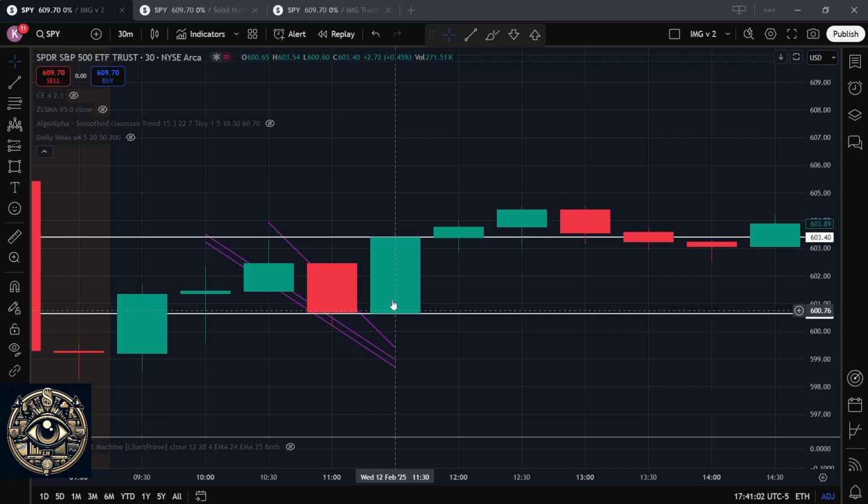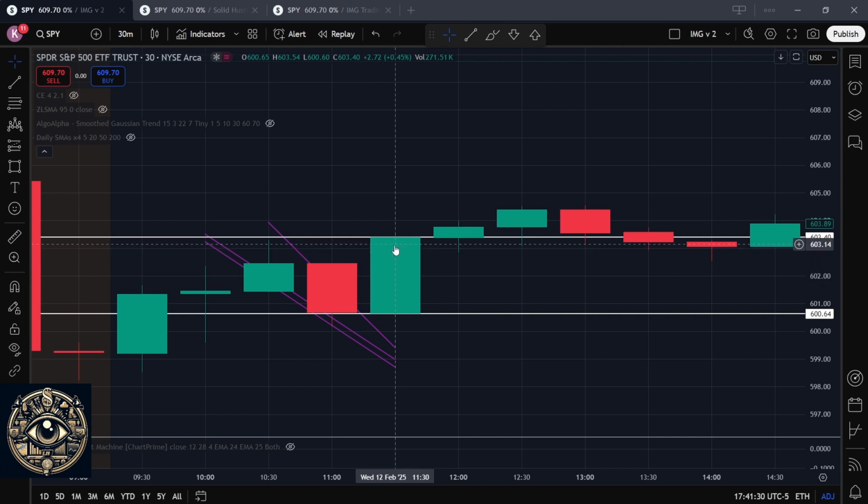If it's a green candle, that means that it opened down here at 600.64 and the candle closed at 603.40. So in this 30 minutes, a lot of price action happened. We know that it opened here and it closed here.